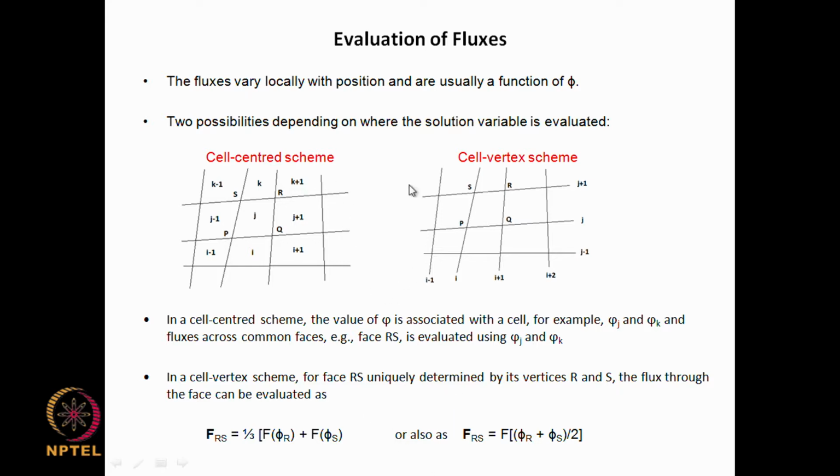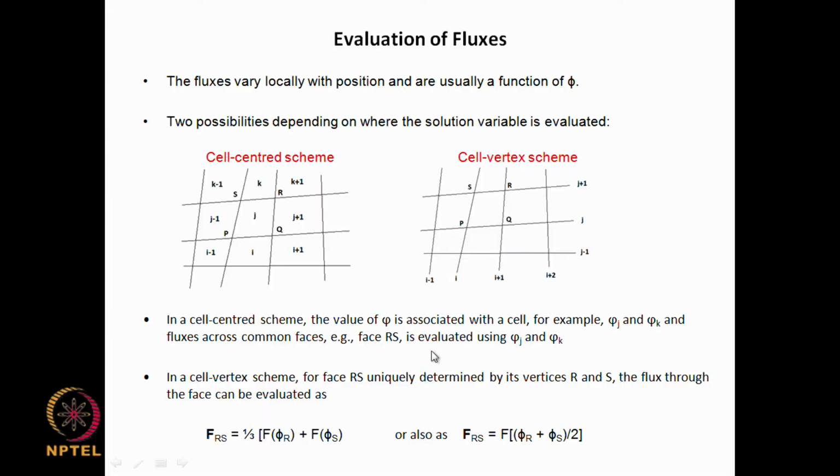The point that we are making is that flux depends on the value of phi, and in a computational domain phi will vary spatially. So, phi for this cell is different from phi for this cell, phi from this vertex is different from phi from this vertex. In such a case, how do you evaluate consistently the surface fluxes through the face?